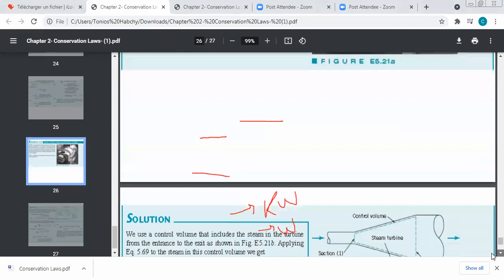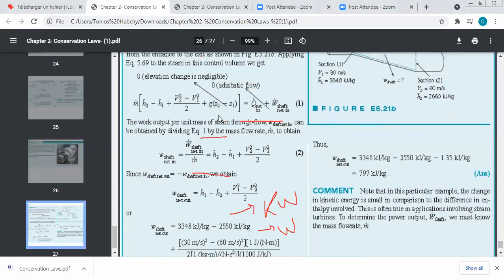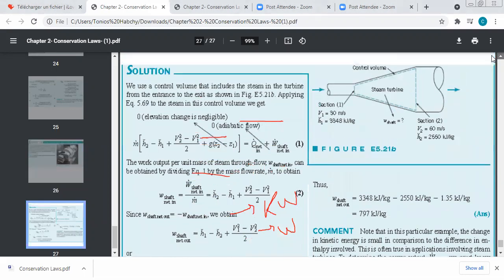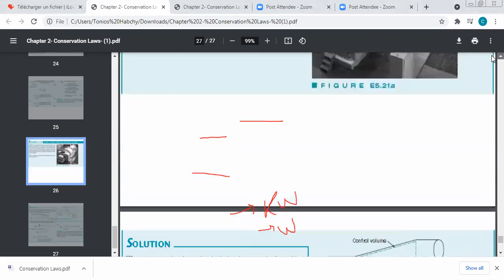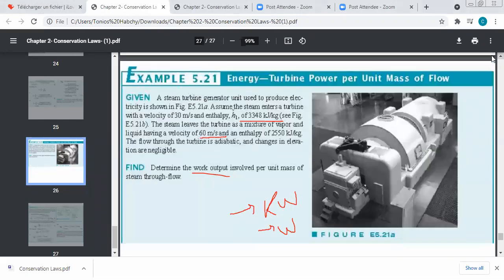So now H2 and H1 are given. What about V2 and V1? Also, they gave us the velocity at the inlet and the velocity at the outlet, so here it's very simple. We can directly apply. In case they didn't give the velocities, they should give information for us to be able to find them. Like in the previous problems, they can give us the mass flow rate or the volumetric flow rate, and we can deduce velocities from it.